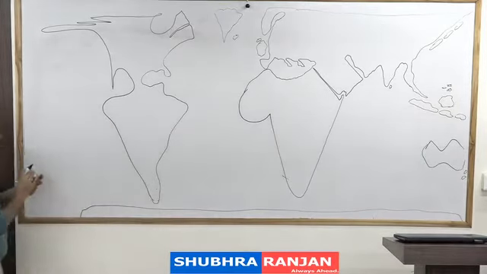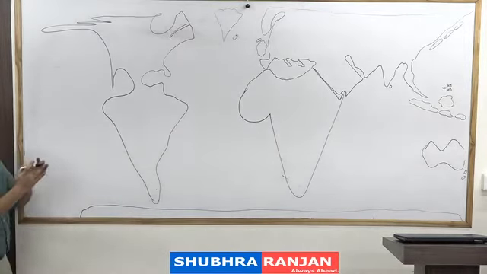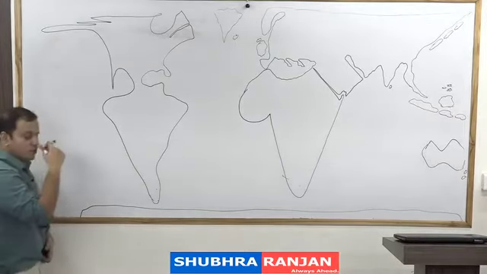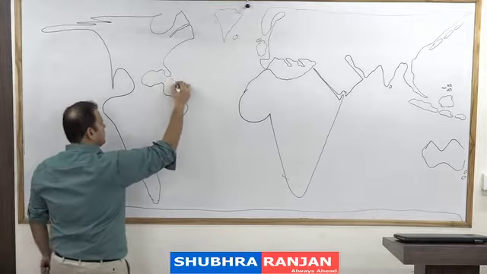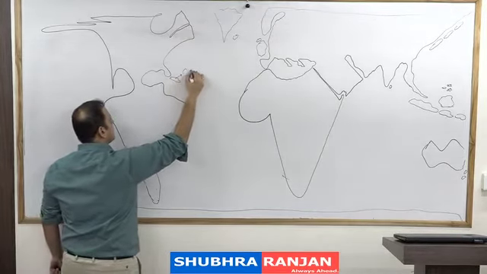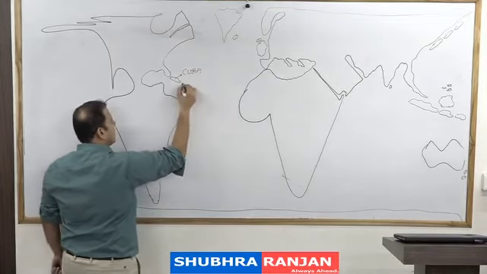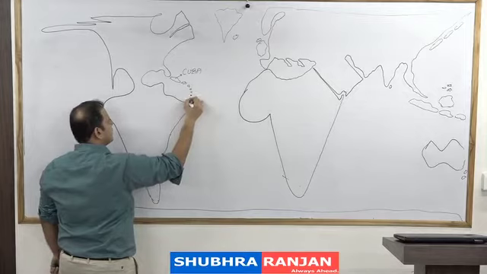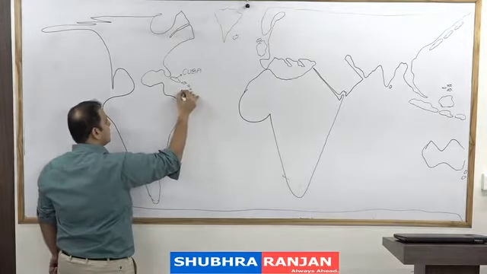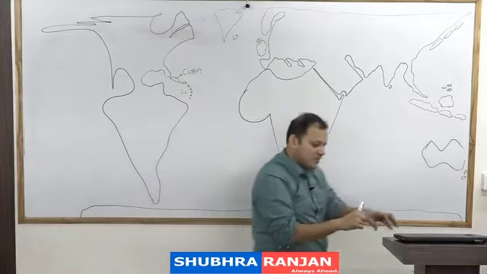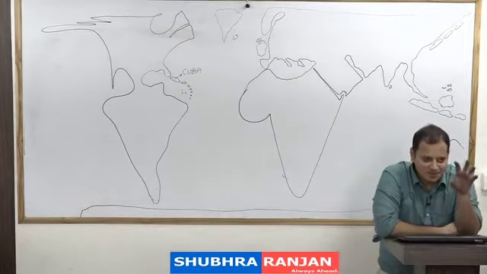Now can I say the world is divided into two parts? That is, one part is the northern hemisphere, the other part is the southern hemisphere. Before I go, can you tell me what this country is? This is Cuba. After that, numerous such countries, and what are these small countries here? These are Caribbean islands. We know the countries are different, but they have a single cricket team, that is the West Indies.